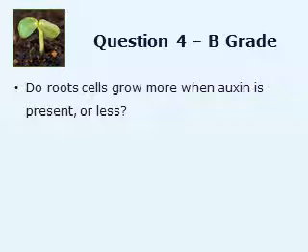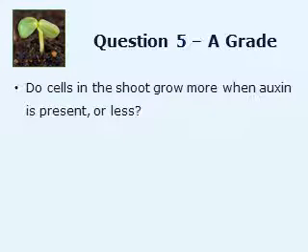Root cells grow more when auxin is present or less? Do cells in the shoot grow more when auxin is present or less?